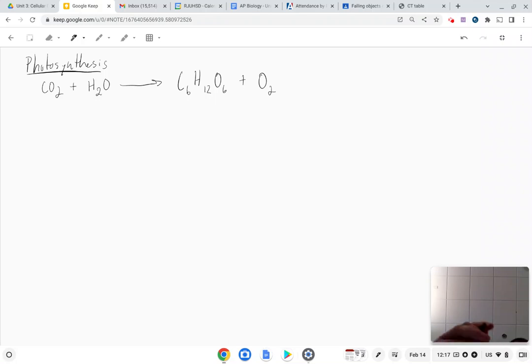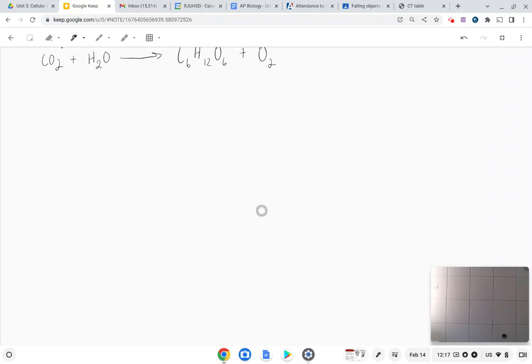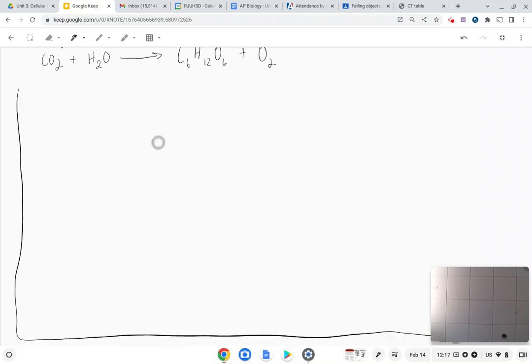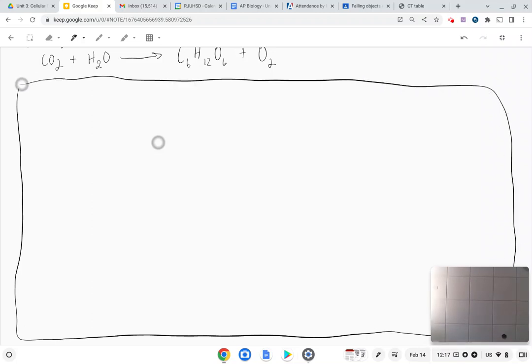Go ahead and draw a large rectangular cell. Rectangular because it's going to represent a plant cell. And so we're going to have something like this. I'm sorry. Cancel that.